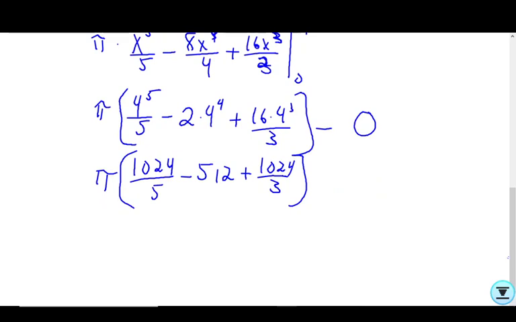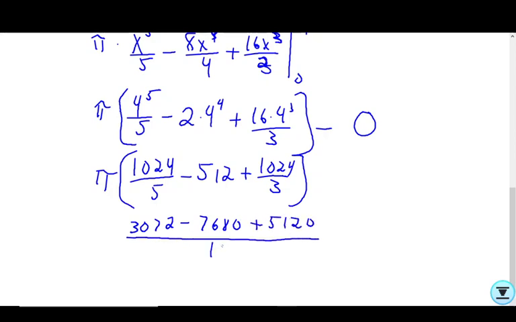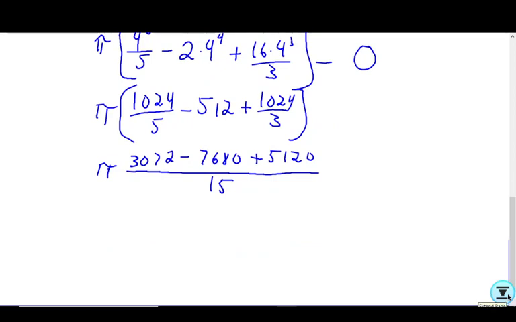So you end up getting 3072 minus 7680 plus 5120, all over 15, since 15 is your common denominator. And when you add everything, you get 512 pi over 15. And that is your volume.